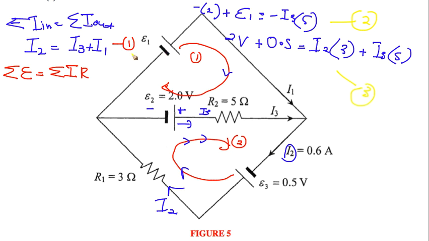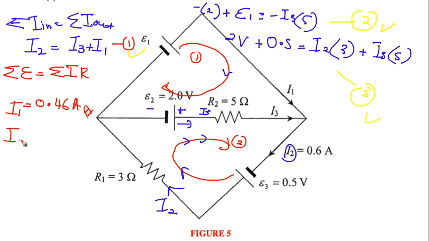So now you have the first equation, second equation, and third equation. I think you can use your own calculation. This is a mathematical process, and for the final answer, you can find that I1 is equal to 0.46 ampere.